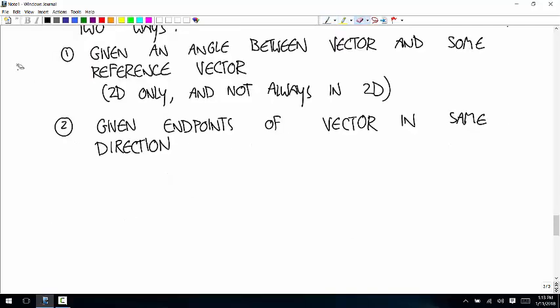This one will be sometimes useful in 2D. And I would just always use this in 3D.